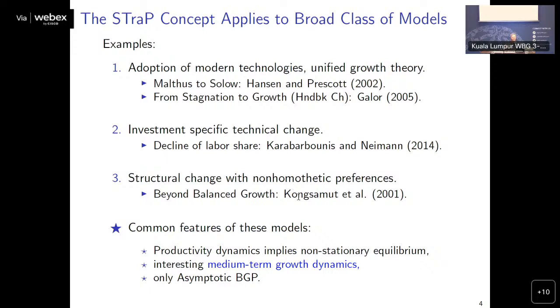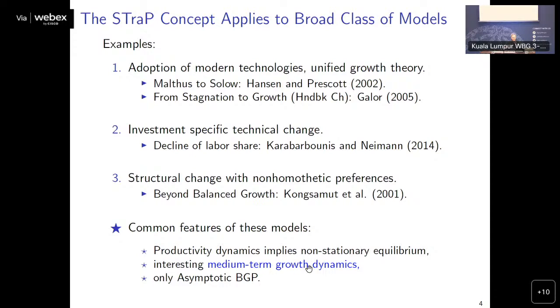So in this model, and I spent a lot of time yesterday talking about non-homothetic preferences. In the model I'm going to present to you, we don't use non-homothetic preferences, but you can use this. We actually have, again, an appendix where you can apply this concept to models with non-homothetic preferences. And one of the common features of all these models is that there are dynamics with a non-stationary equilibrium.